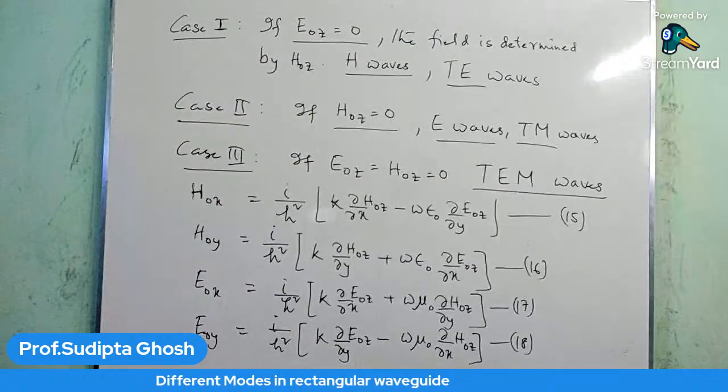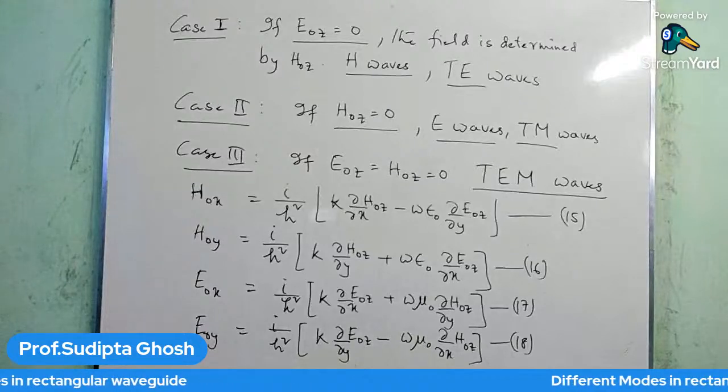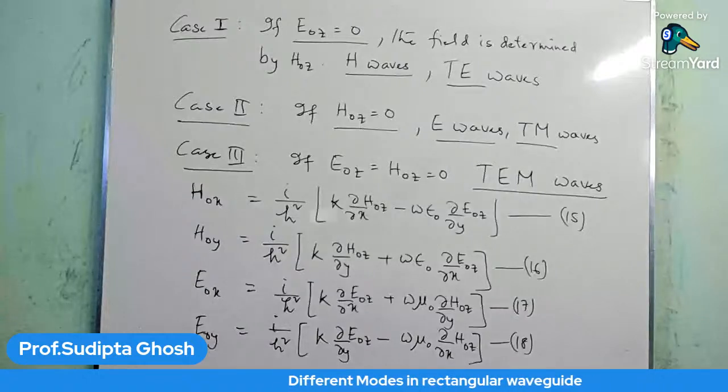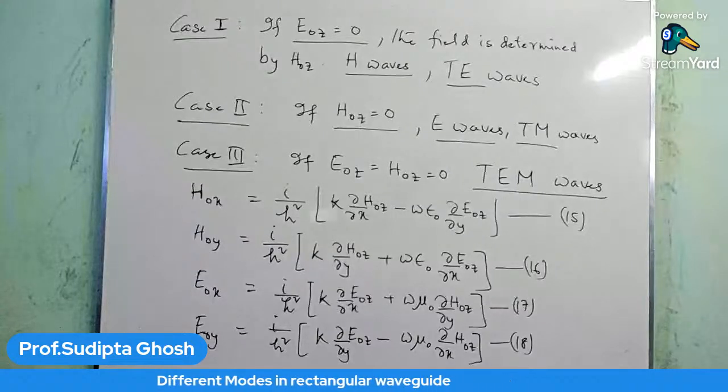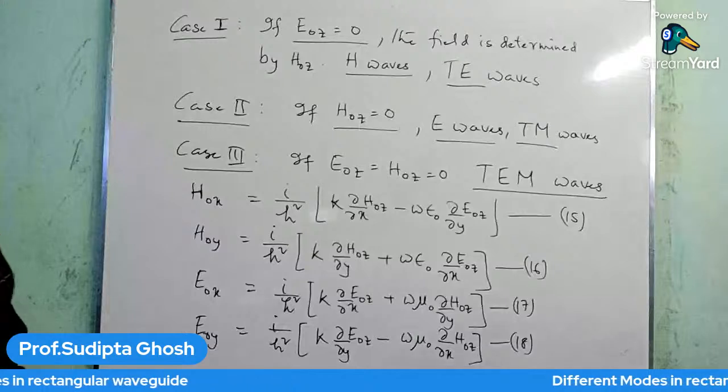So from equation 15 to equation 18, we can show that in this case, the entire field inside the waveguide vanishes identically.